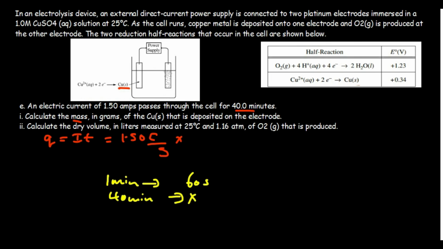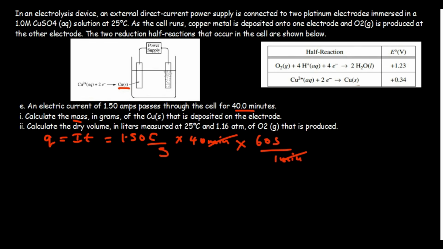So the minutes will cancel, and then you remain with the seconds. So we'll multiply 1.5 by 40 by 60, giving us 3,600 coulomb there. So we've determined our charge, which is the first step.